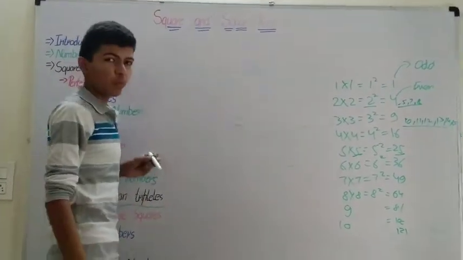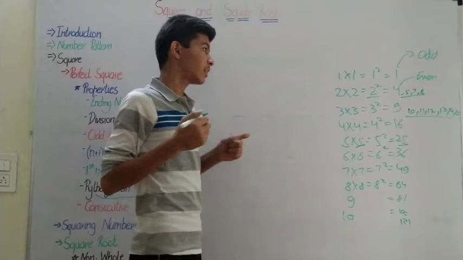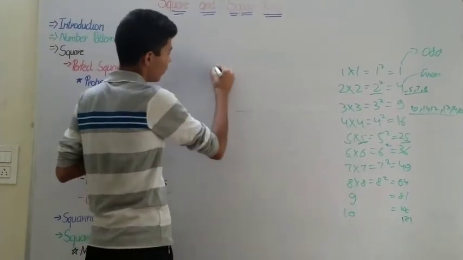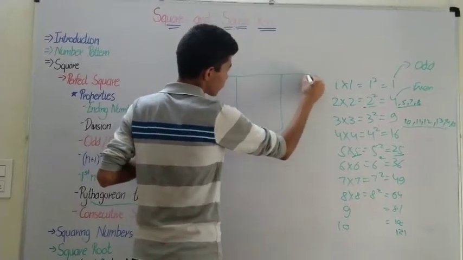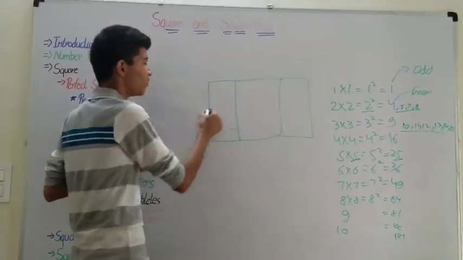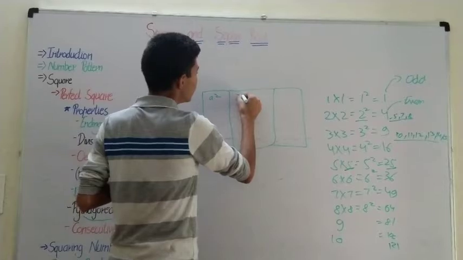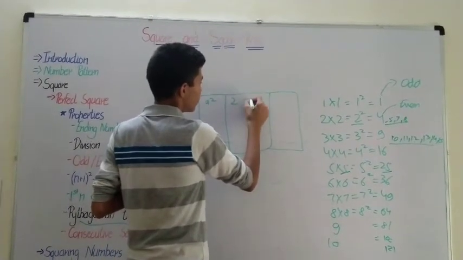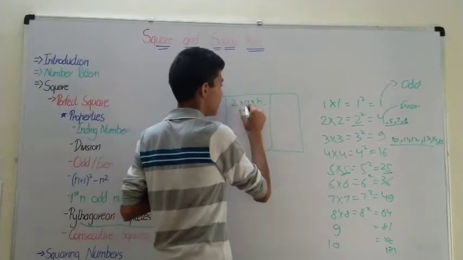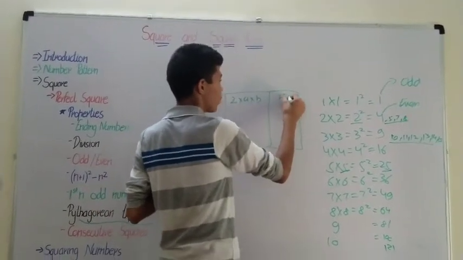So we have two formulas. First let's move to the column formula, in which we create three columns, and here we write a square, then 2 times a times b, and then b square.